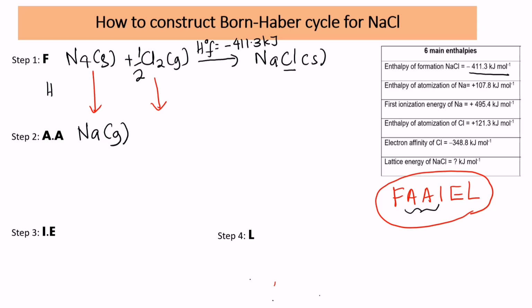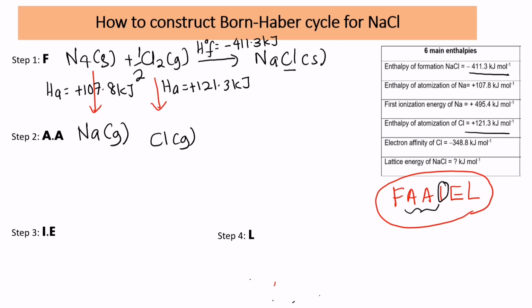So the enthalpy of atomization for Na is equal to positive 107.8 kilojoules. And for the enthalpy of atomization of chlorine, because of half Cl2, we get Cl gas. So the enthalpy of atomization, ΔHa, is equal to positive 121.3 kilojoules.